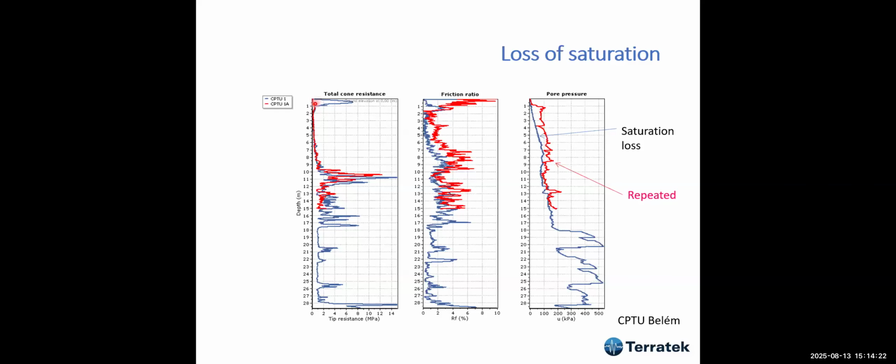And then we pushed the cone again. And this is the result that we had, which shows clearly that the saturation in the blue line was lost, and here it is much better. So we have the zigzags. Here is where we did a dissipation test, which I'm going to address.